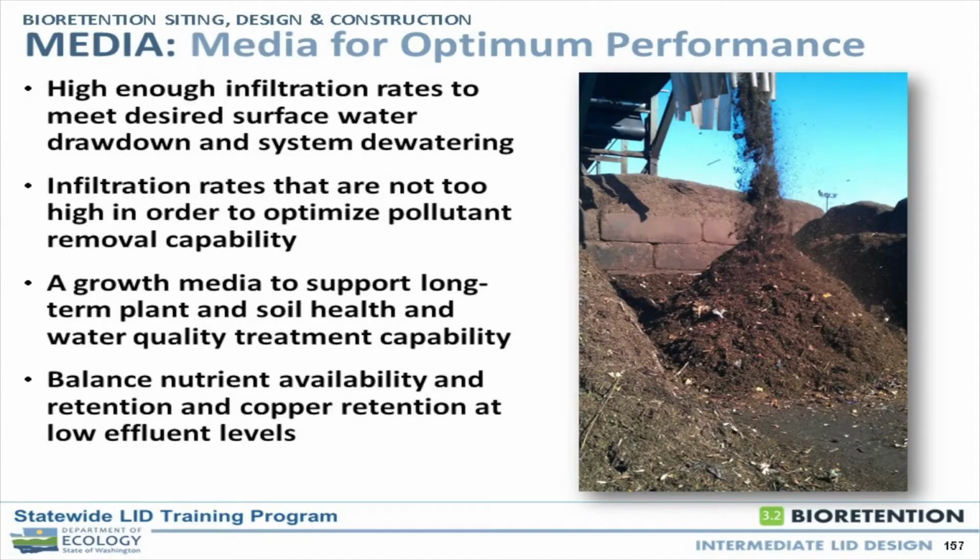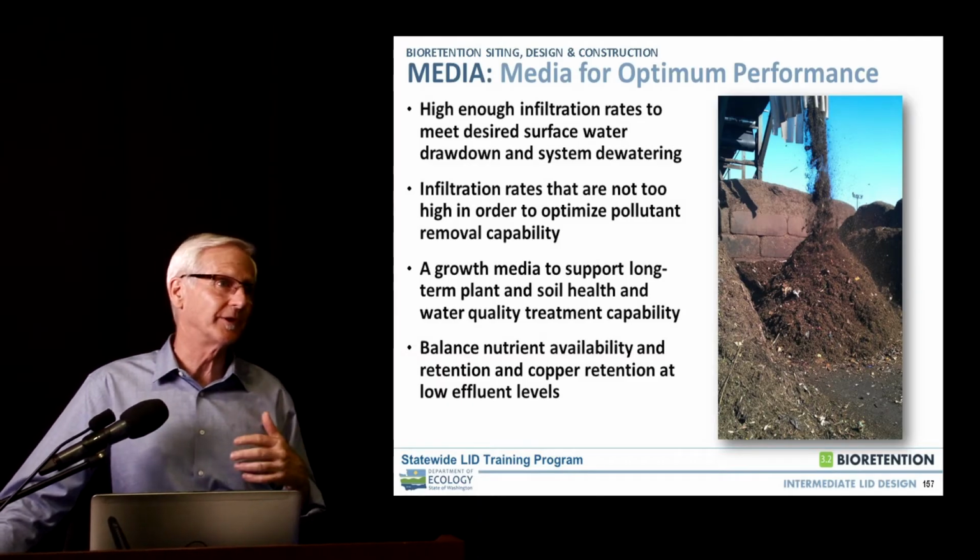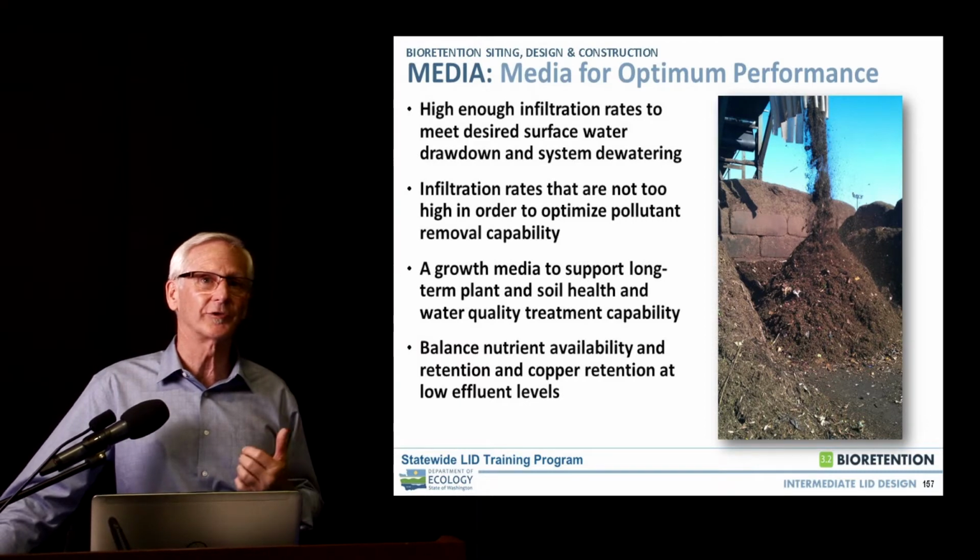You need to support plants, healthy soil for those plants, and water quality treatment. This one was kind of added recently: you need to balance the nutrient availability for growing plants and retention, and copper retention at very low effluent concentration. So some of our targets are quite restrictive.